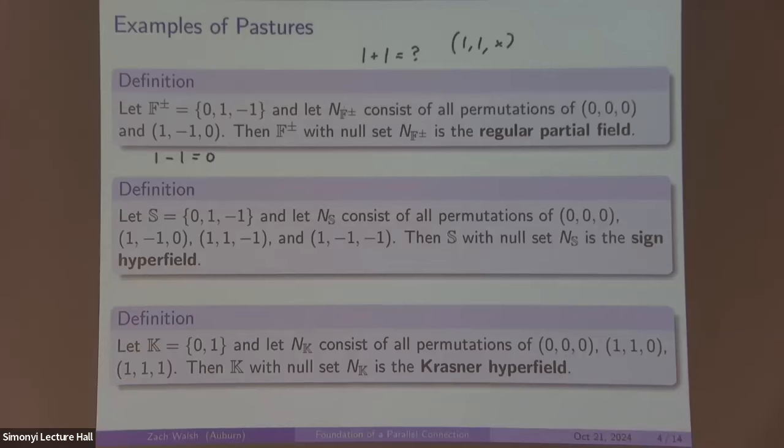Yeah. So what's happening here is, if I look at these triples, this first one is saying 1 - 1 equals 0. This one, if I permute it, is saying 1 - 1 equals -1.